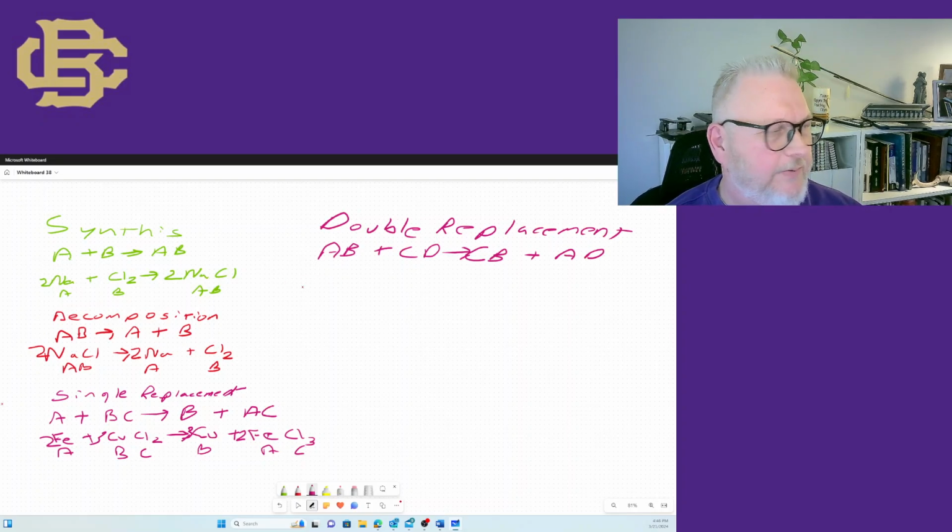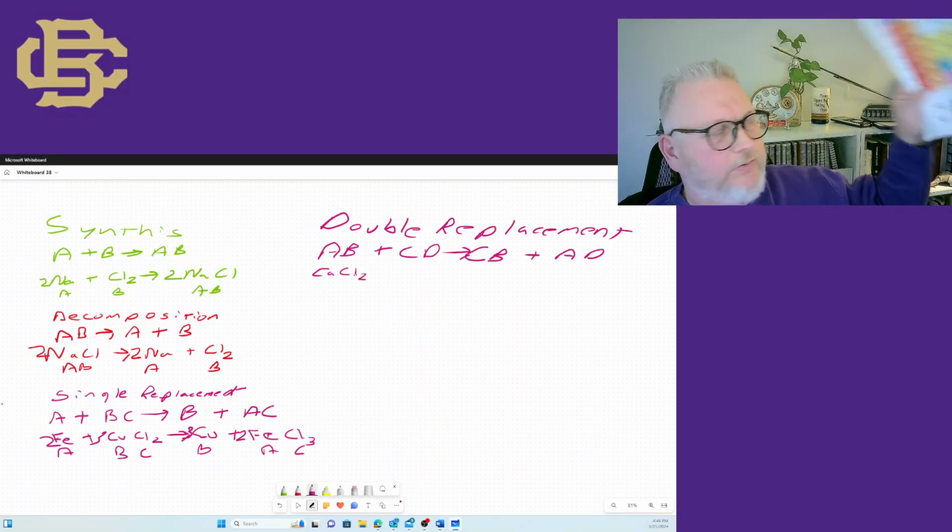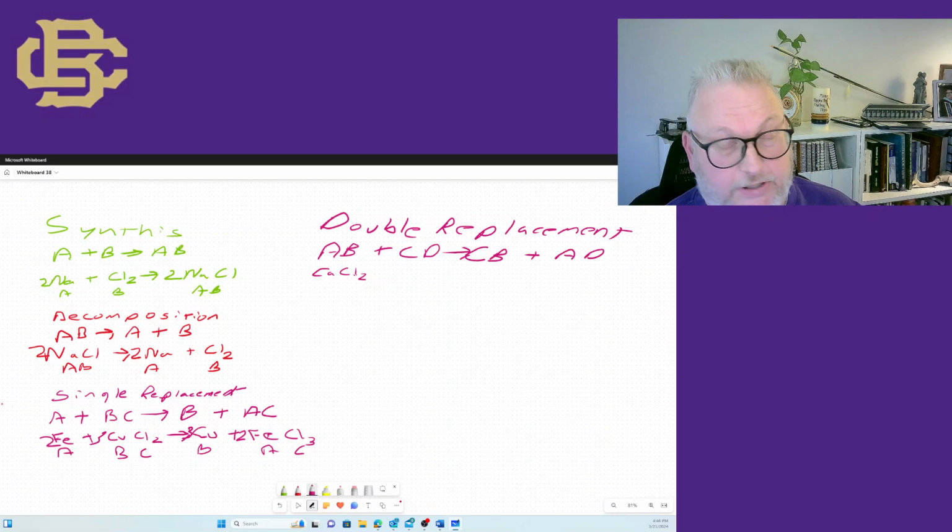Let's look at an example. So I've got calcium chloride, CaCl2, and I know it's 2 because calcium is in group 2, so it's got a +2 charge. Chlorine's got a -1, so that would be CaCl2 dancing with AgNO3, silver nitrate.